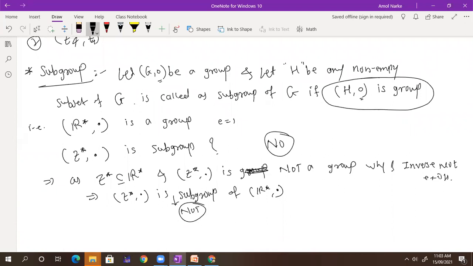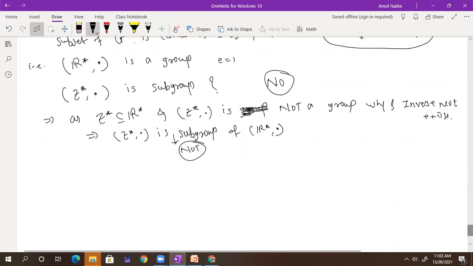Good observation. Now, can someone give an example of a group and subgroup? You can take a simple one.